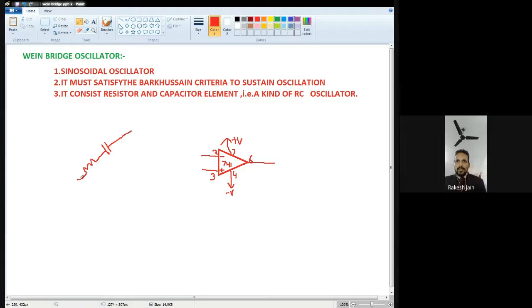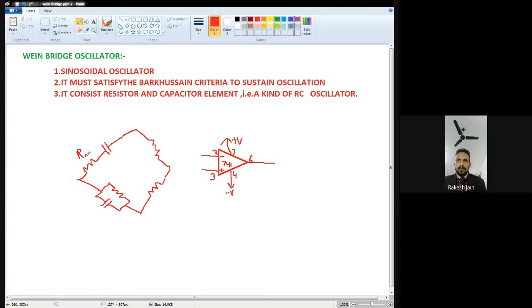And this is another arm in which the resistance and capacitance are in parallel. The rest of the two arms consist of resistive elements only, in which when we design the Wein bridge oscillator, then one arm can consist of a variable resistor. So these are the four arms of a bridge. So this is the feedback network for the Wein bridge oscillator.